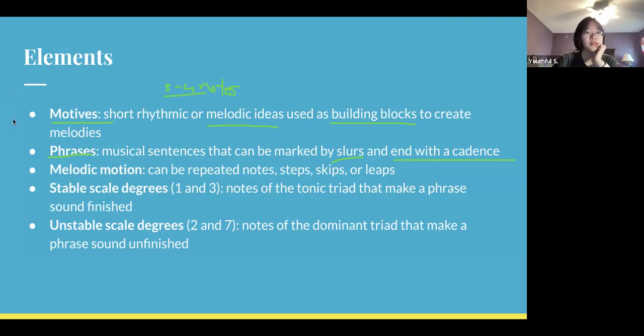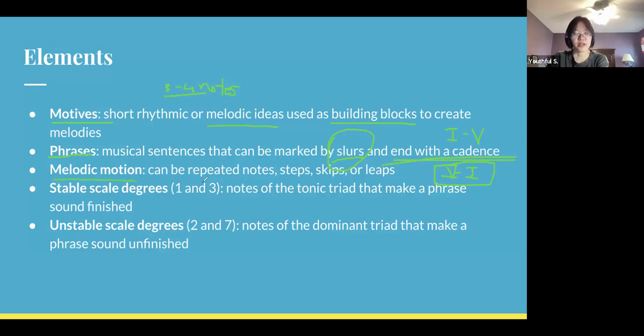A cadence is basically when you have something like 1 to 5 or 5 to 1. A cadence can be 2 notes. If you're in C major, C to G would be a half cadence, and if you have a full cadence, then that would be G to C. So it's basically the 2 chords at the end of a phrase.